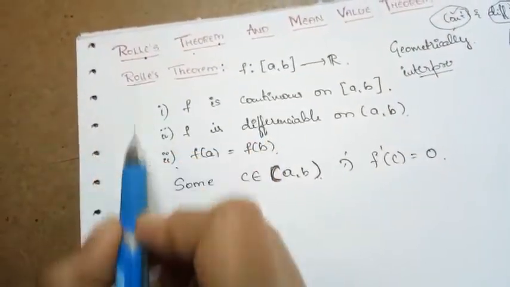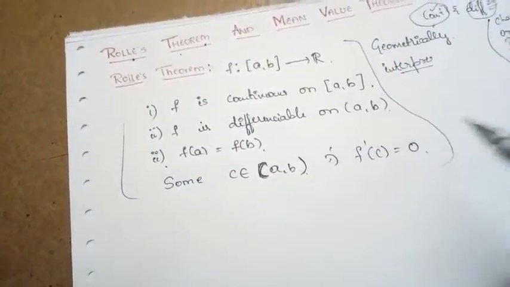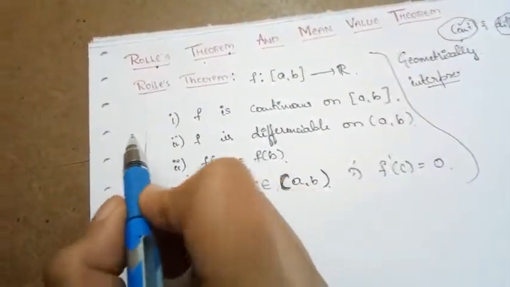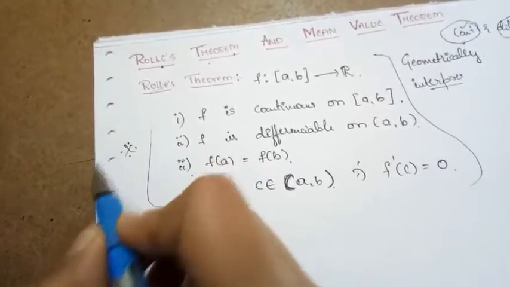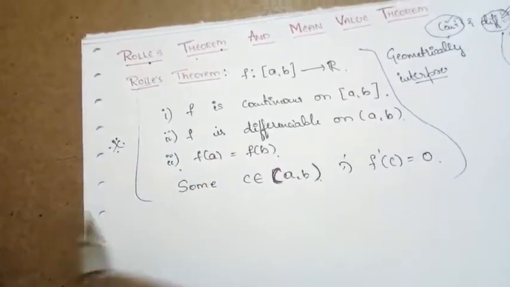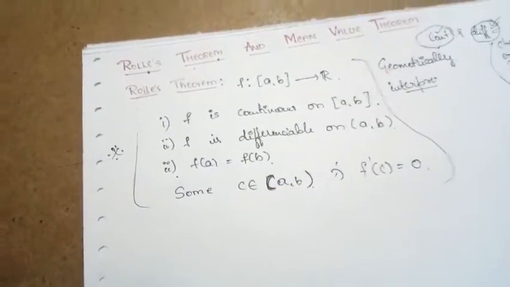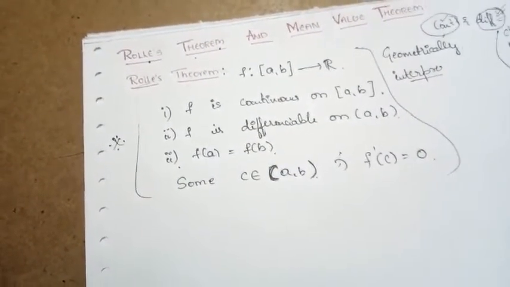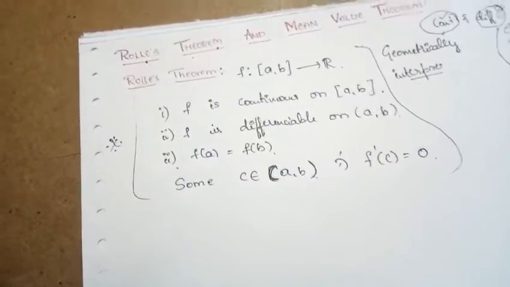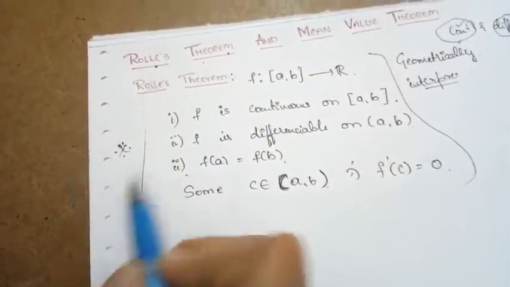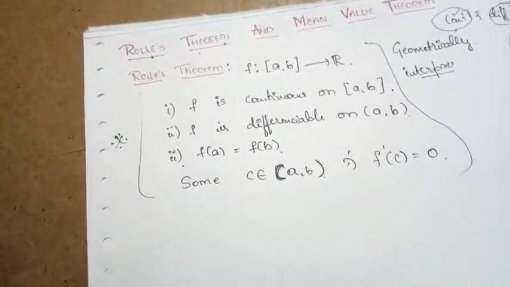So this is what Rolle's theorem is saying. Remember, the statement of Rolle's theorem and the mean value theorem is very important, because they ask you to state Rolle's theorem and verify whether the given function satisfies it. They ask the question in that manner, so for that sake the statement of Rolle's theorem is very important.